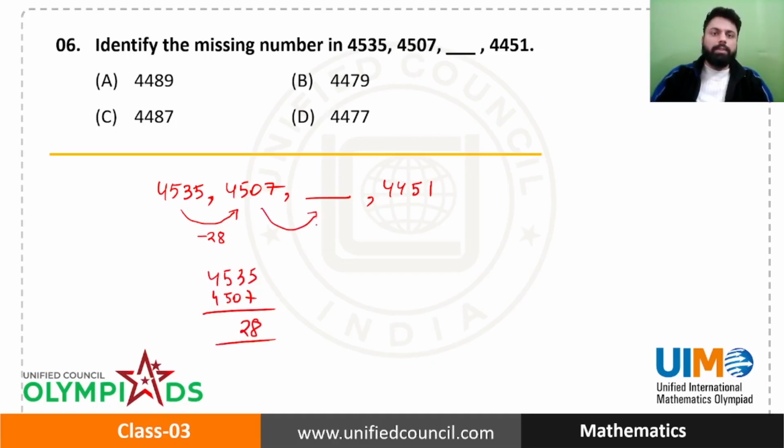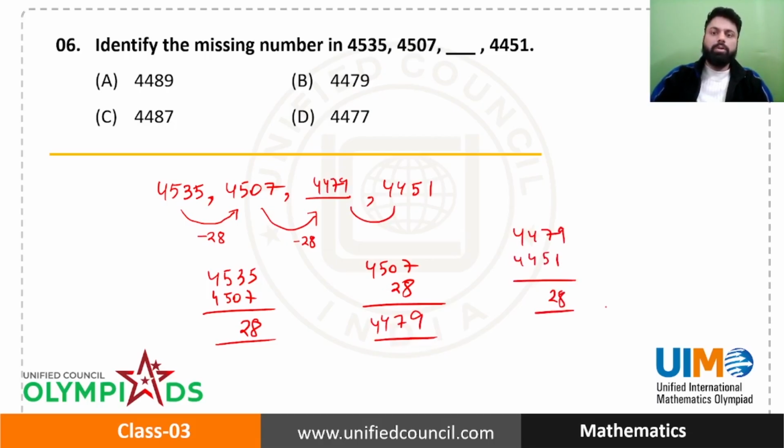So here also we will subtract 28. 4507 minus 28. 17 minus 8 is 9. 9 minus 2 is 7. 4479. And if you look at the difference, 4479 and 4451, that is also 28. So 4479 is the correct option.